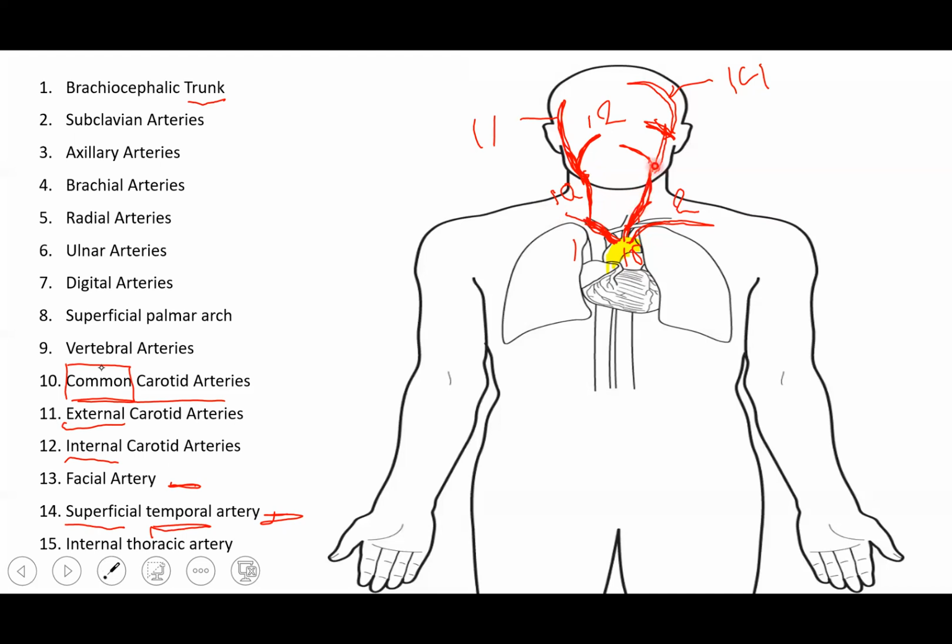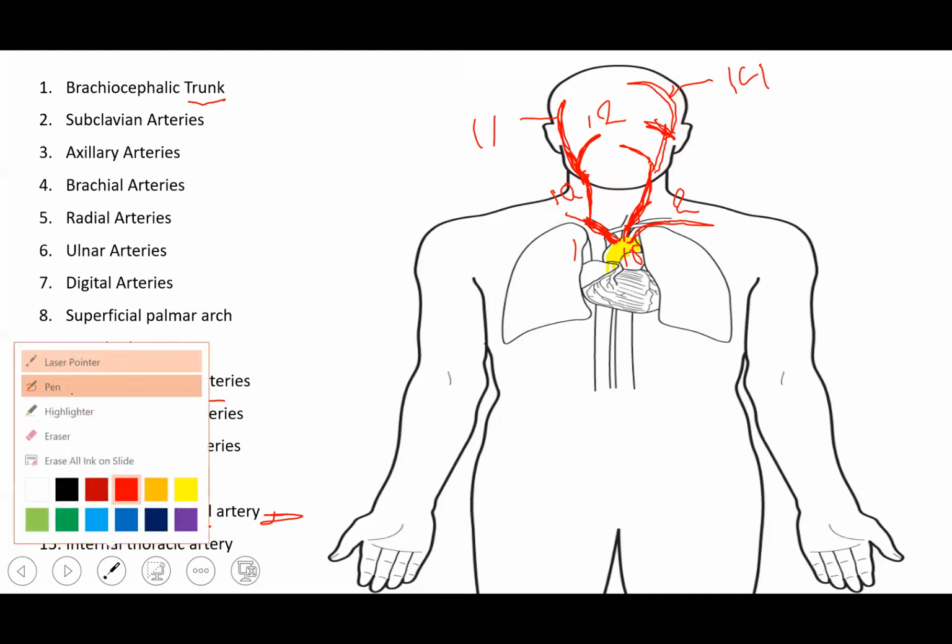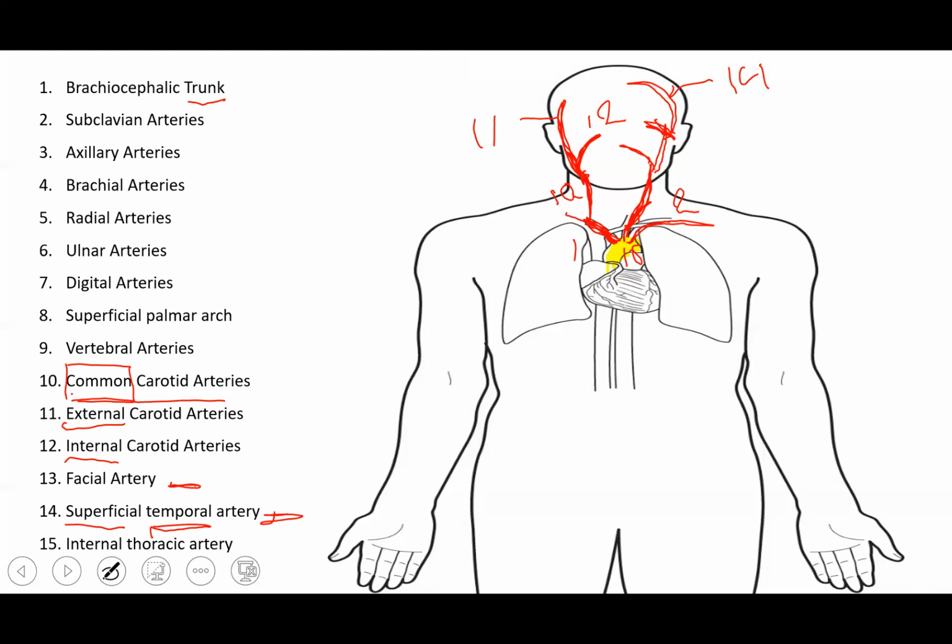The common carotids stop being called the common carotids when they split into internal and external carotid arteries. The external carotid artery splits into the facial artery and the superficial temporal artery. And so knowing that these branching events occur and the vessels change names at those branching events will really help you to find the appropriate vessels on the models.